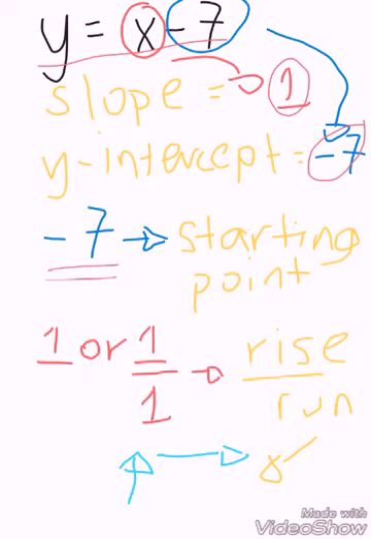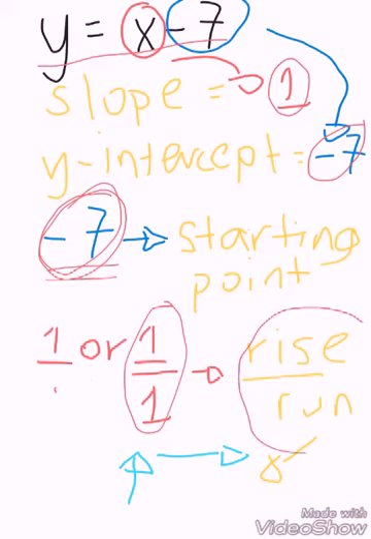Meaning, when you're graphing, the first thing we're going to graph is the negative 7. And the slope 1, or we can write it as 1 over 1. It means rise over run, meaning if we graph it, we're going to rise up 1 and then we're going to run 1.